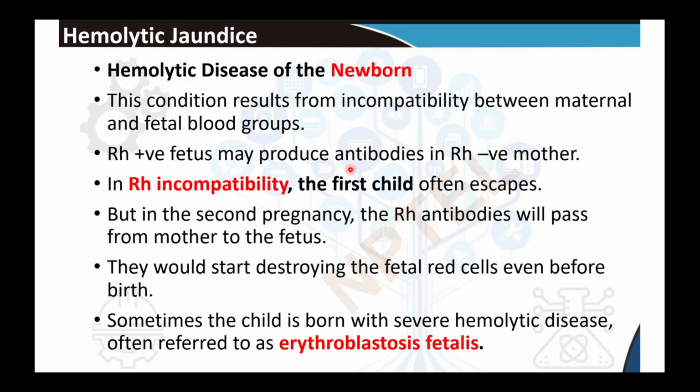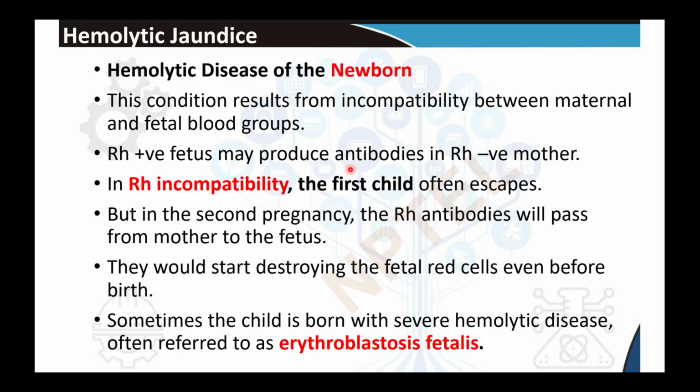You all know about the blood groups A, B, and O, and we have A positive, A negative, B positive, B negative, O positive, O negative, and AB positive, AB negative, right? These are due to the presence and absence of certain antigens. Now, this positive and negative is due to the presence and absence of the Rh antigen.